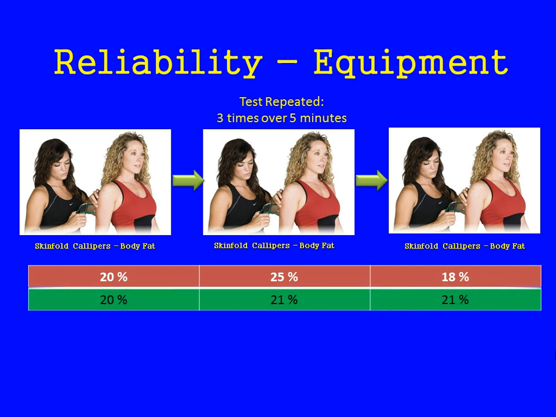If we were to get scores like you can see in the green band, that would be much more reliable. And so we now have a reliable piece of equipment. So it's very important that the equipment that we're using gives us reliable, consistent results. So if someone's body fat does change, we're going to know it's because their body fat has changed and not because our calipers are slightly out and they're giving us lots of up and down readings like you can see in the red boxes.